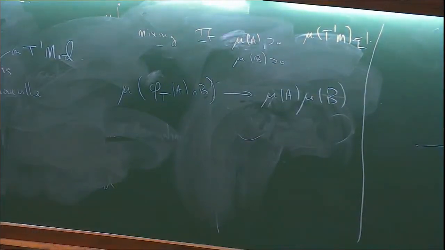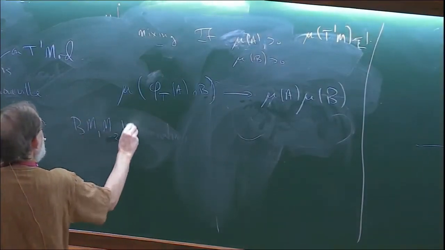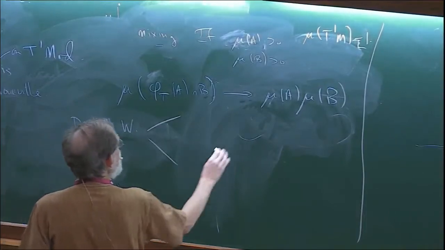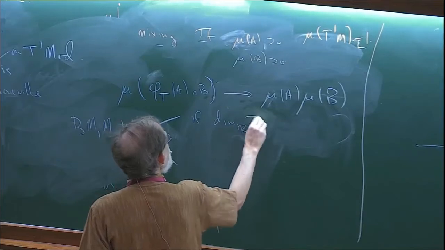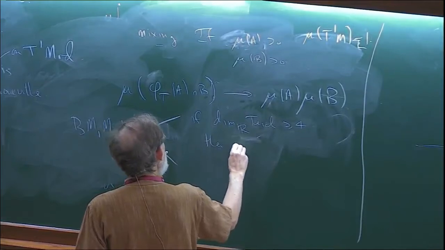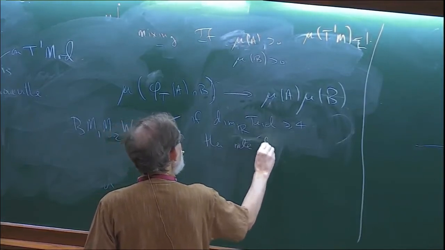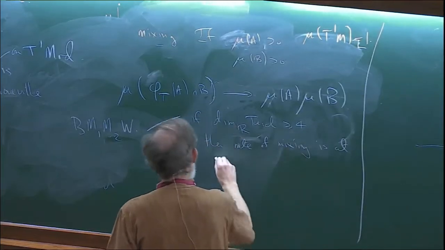And then you can ask how fast this convergence happens. It could be exponential, in which case you have exponential mixing. It could be only polynomial, in which case you have polynomial mixing. And so there are two papers by the four of us. One paper shows that if the real dimension of Teichmüller space is greater than or equal to 4, then the rate of mixing is at most polynomial.